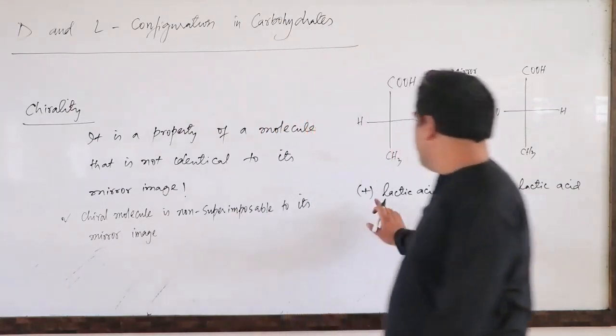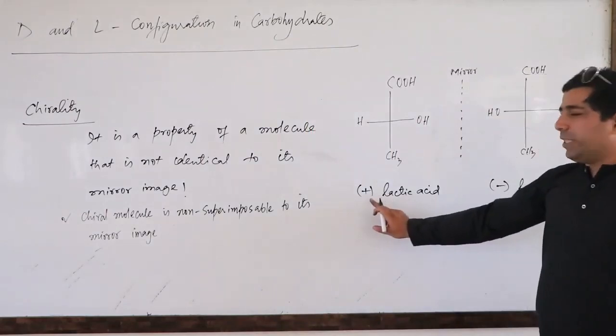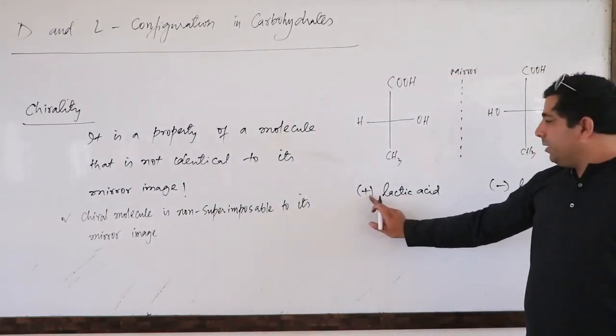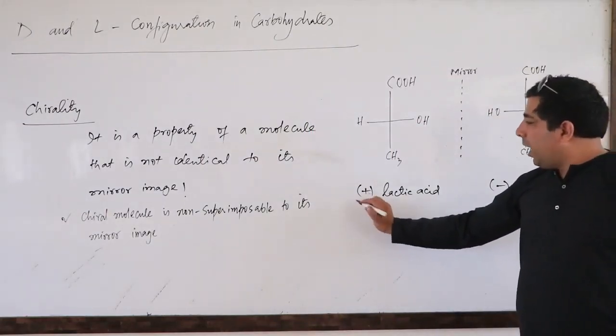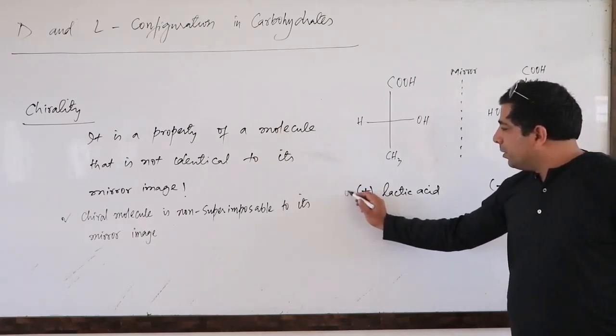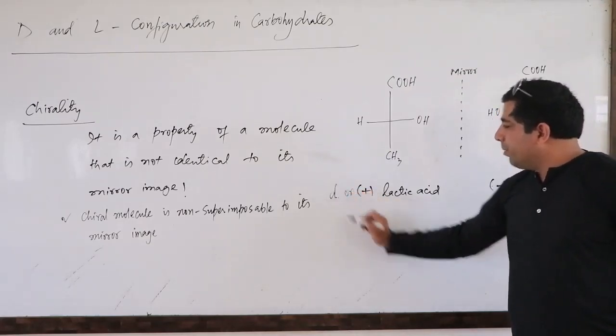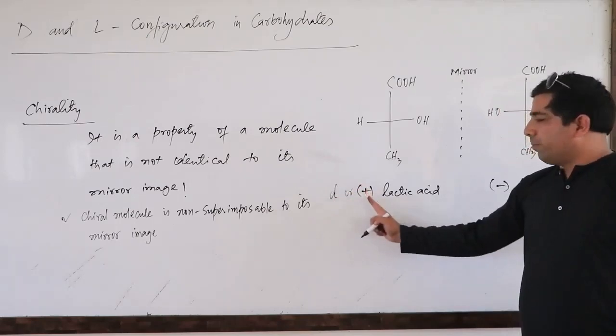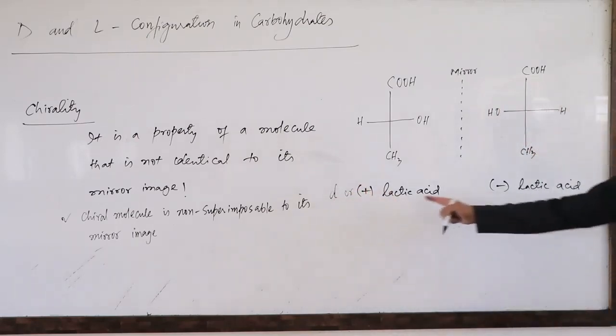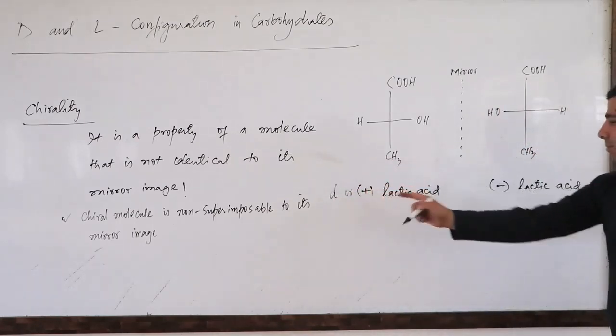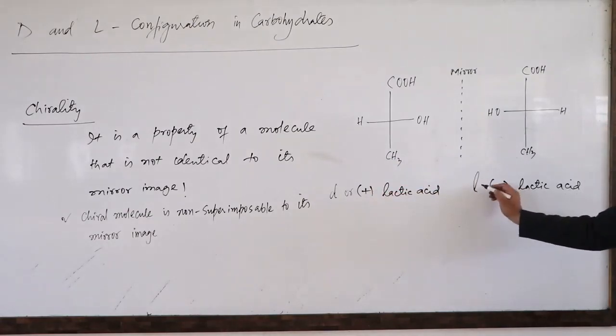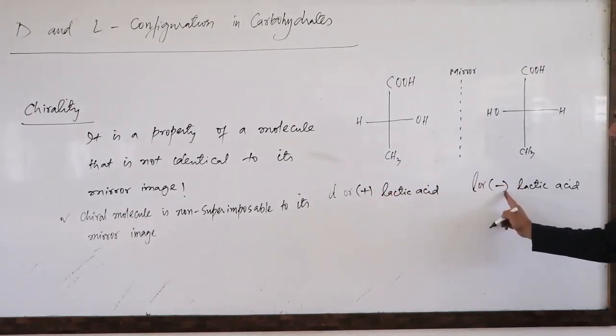So now see the optical activity. I am using a plus sign. In place of the plus sign, I can also use small d. Remember, small d or plus sign. We'll discuss it later. And here I can use small l or minus sign.